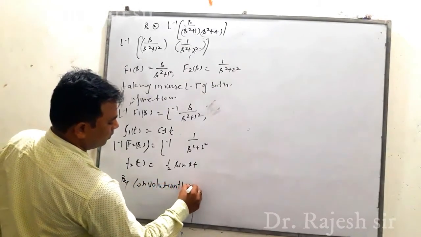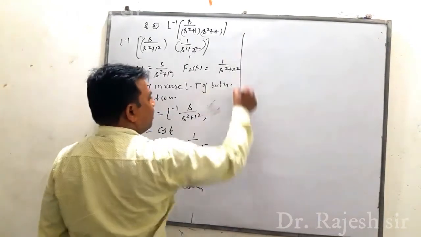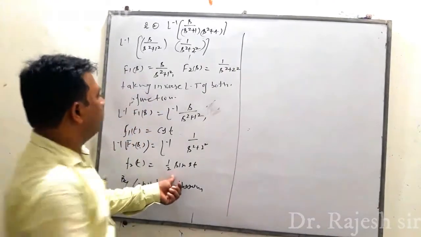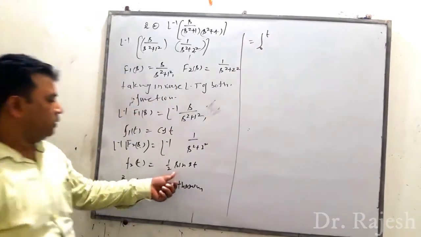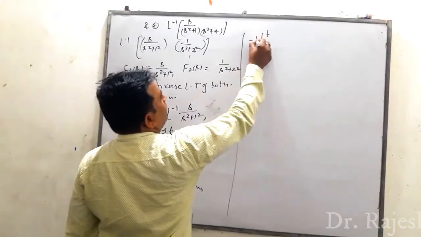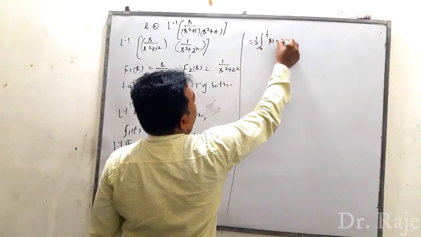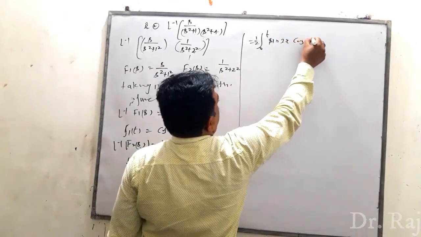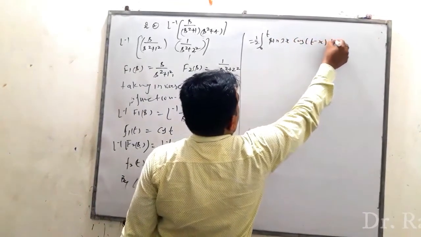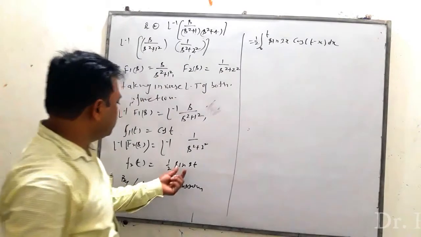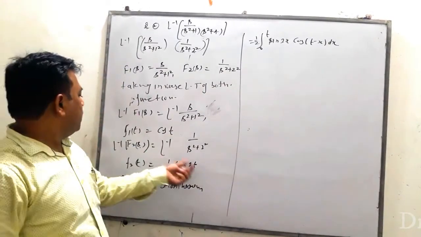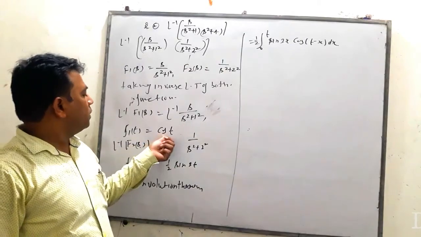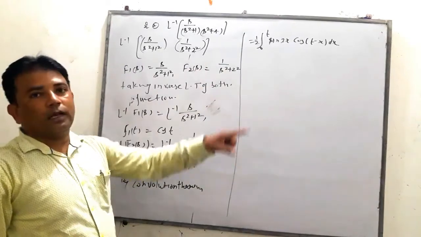By the convolution theorem, integral 0 to t of 1 by 2 sine of 2x into cos of t minus x dx. In the first function t is replaced by x, and in this function t is replaced by t minus x.